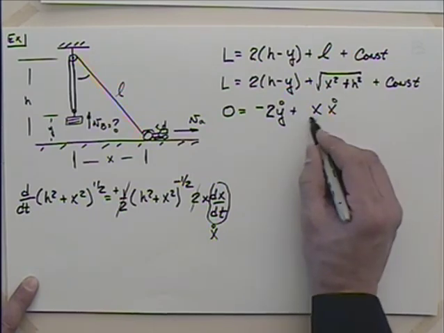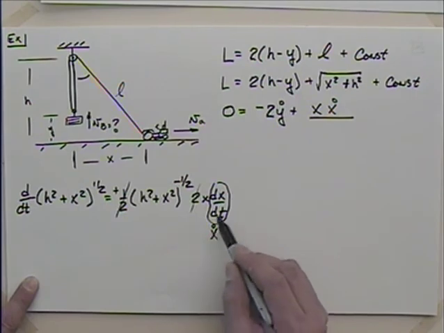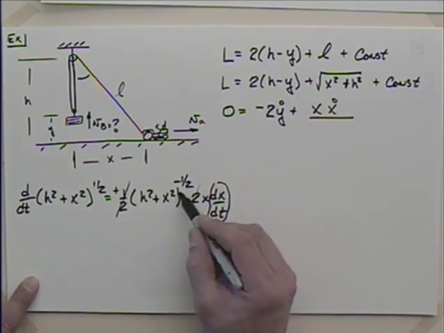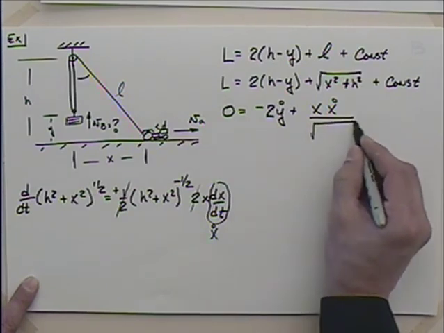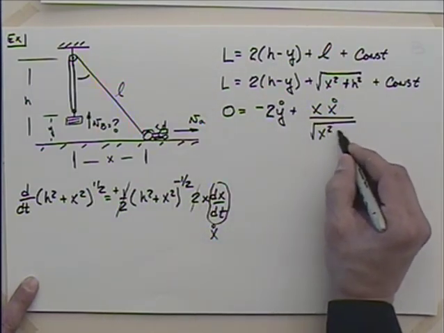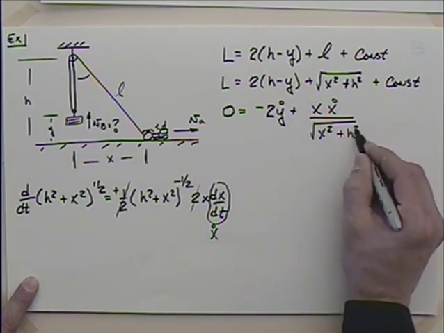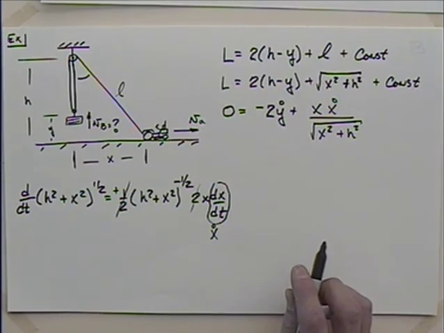So that's taking care of the x, the 2 canceled. I got the x dot. And then I'm going to put this in the denominator. Remember that negative power, we could just write that in the denominator as a square root. And maybe I'll keep a consistent order here, x squared plus h squared. Constant goes to 0. So I've got something like that.